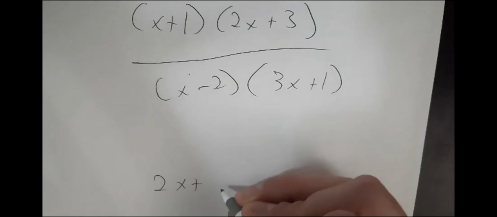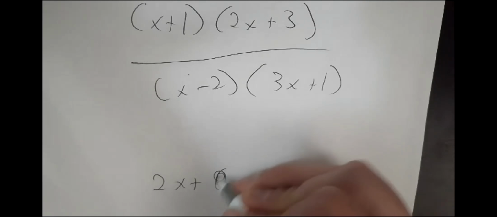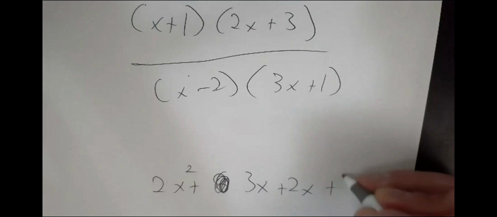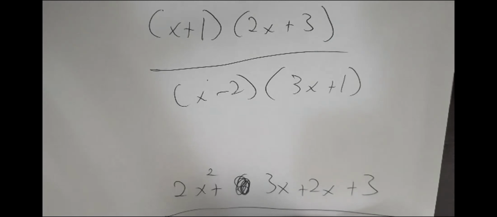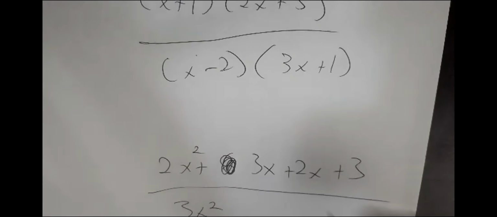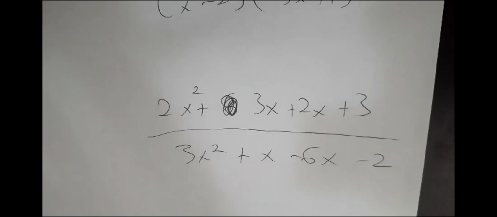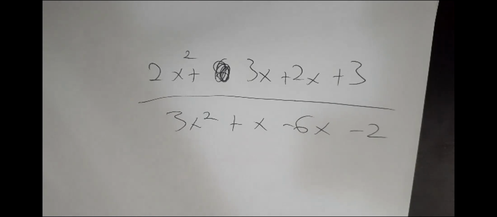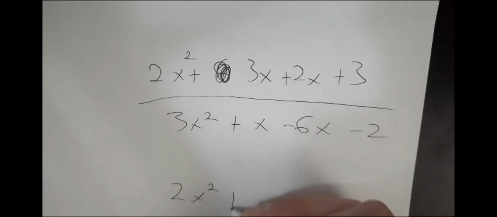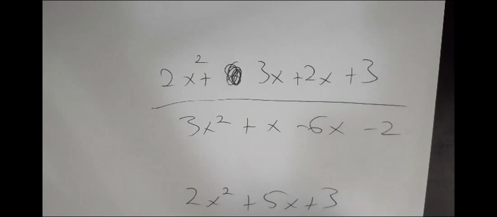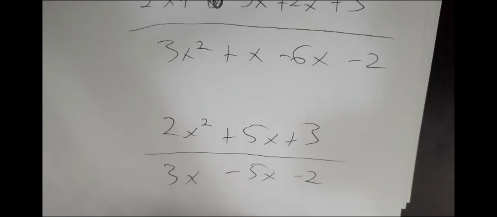So something like 2x squared plus 3x plus 2x plus 3, and we do something like 3x squared plus x minus 6x minus 2. I really should combine my terms, but I'm going to be lazy. Well, I'll do it: 2x squared plus 5x plus 3 on top. We really don't have to combine the terms, because what I'm really concerned with is the largest degree.